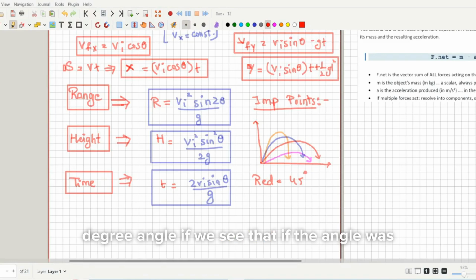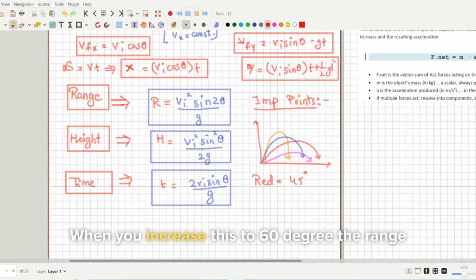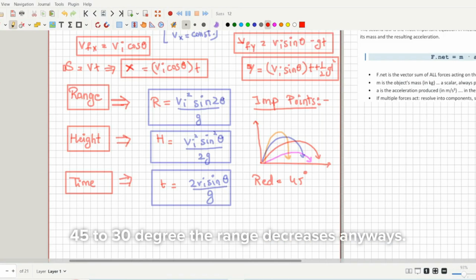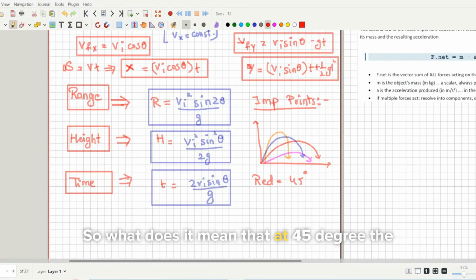If we see that if the angle was increasing, for example, in the blue line, the angle increased a bit, maybe you can say to 50-degree, the range decreased. When you increase this to 60-degree, the range decreased further. But if you decrease the angle, for example, from 45 to 30-degree, the range decreases anyway. So what does it mean? That at 45-degree, the range is maximum.